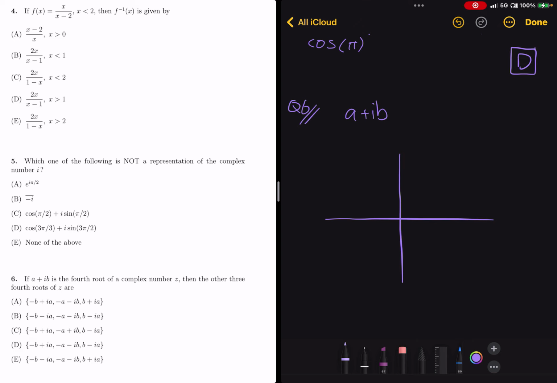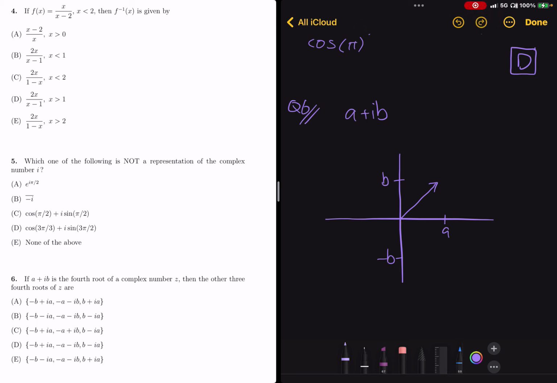So if one of them is a plus ib, where this is a and this is b, it doesn't really matter what a and b are. Let's imagine that they sort of look similar. This vector is one root. Well, another root will be at right angles to this.